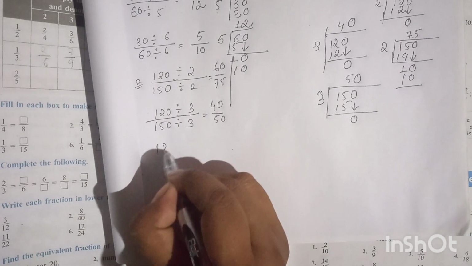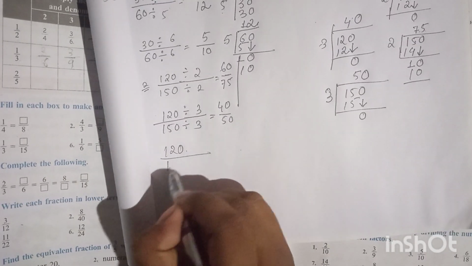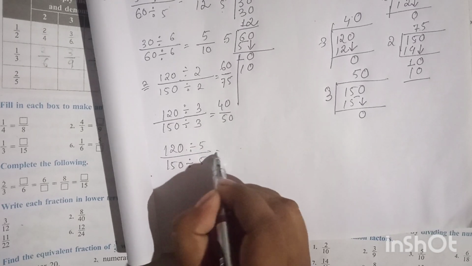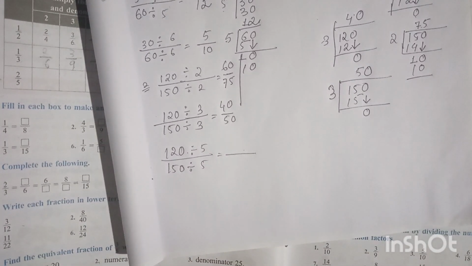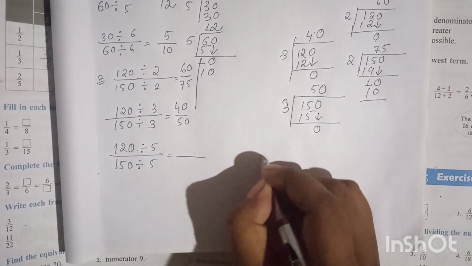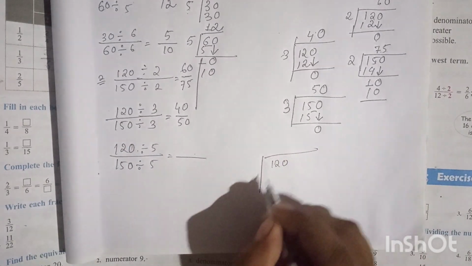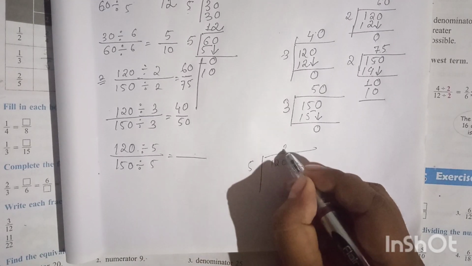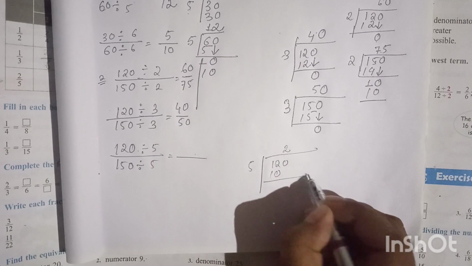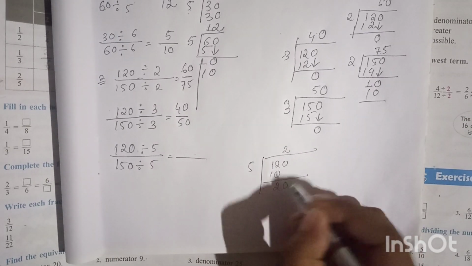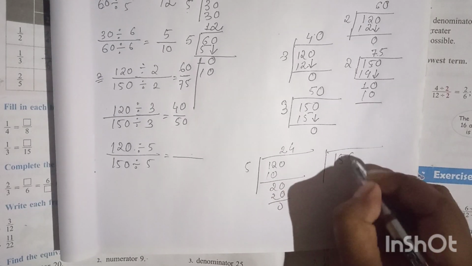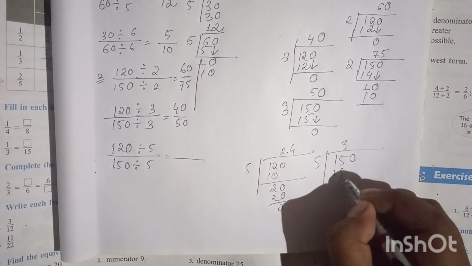After 3 we have to divide by 5. 120 by 150 divided by 5. Right? 120 by 5. 5 2s are 10. 20. 5 4s are 20. 150 by 5. 5 3s are 15.